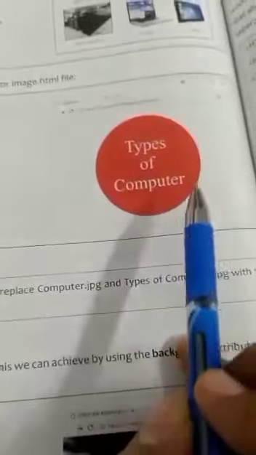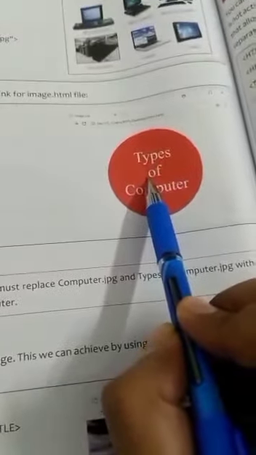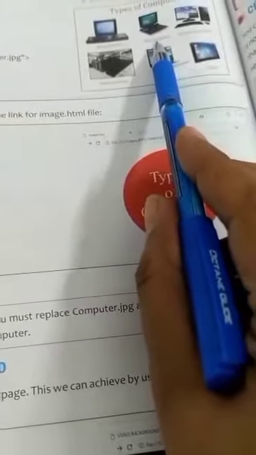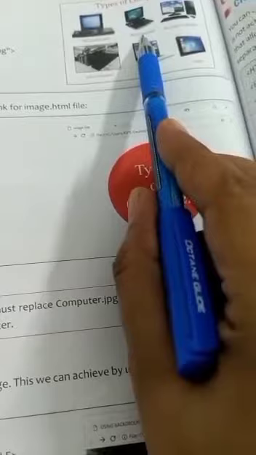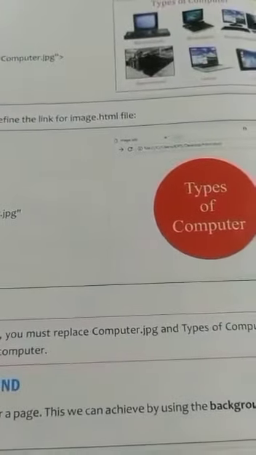So this is types of computer. When you click on this image, then this image.html file will be open. So an image can also be used to create a link between two web pages within the same document or on another document.